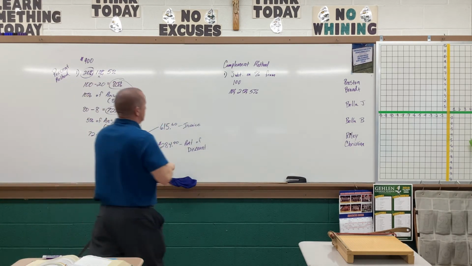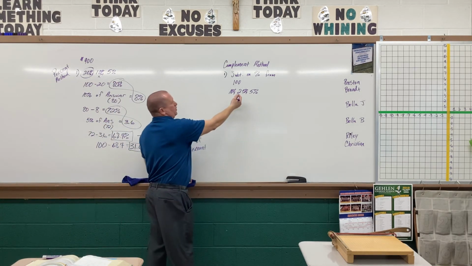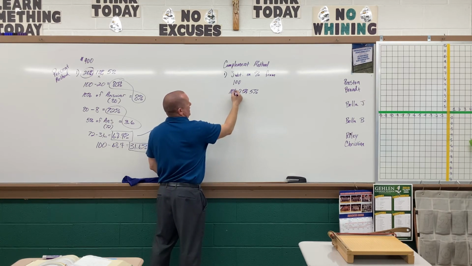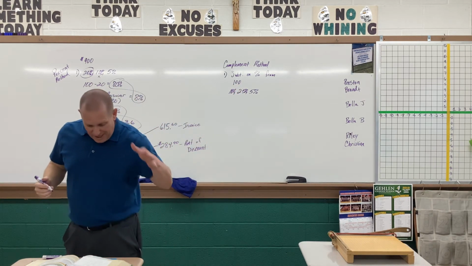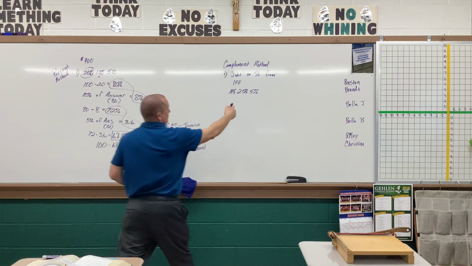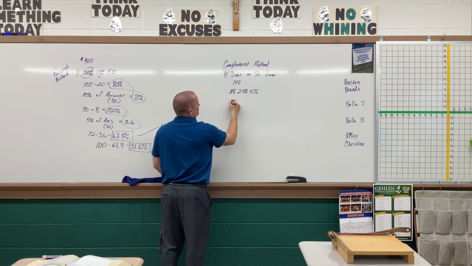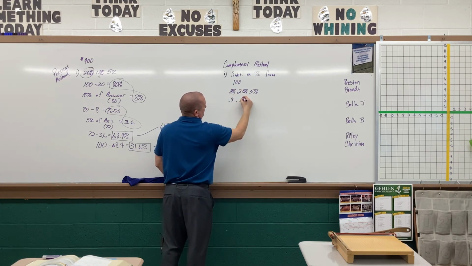The first thing that I'm going to do is just take 100 minus 10, 100 minus 25, 100 minus 5. If we turn these into decimals, we would take 1 minus this, or you can just do it after.